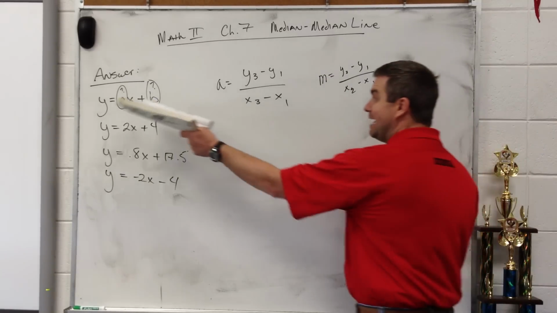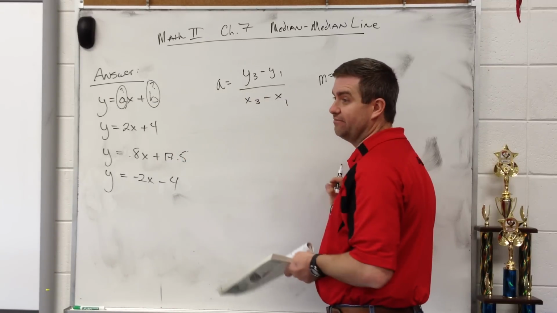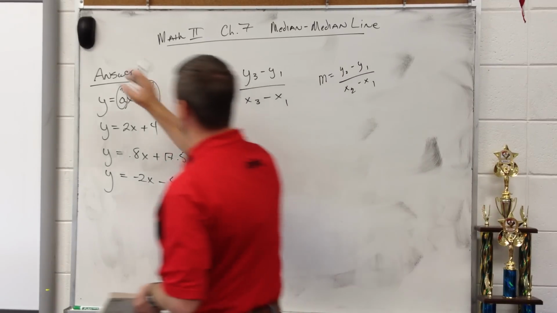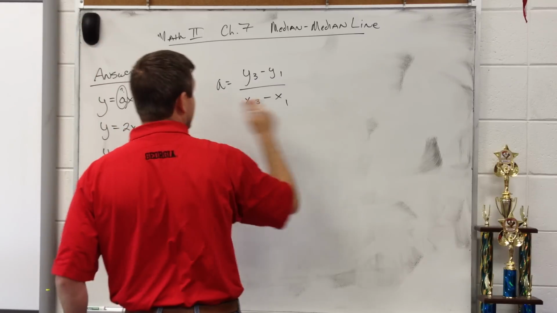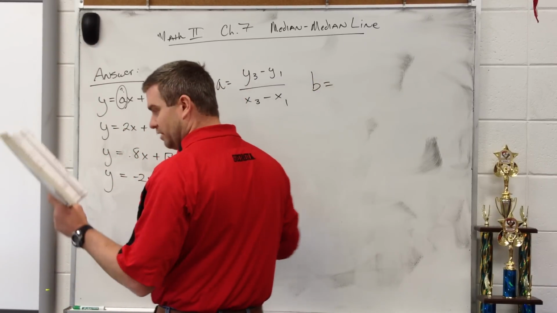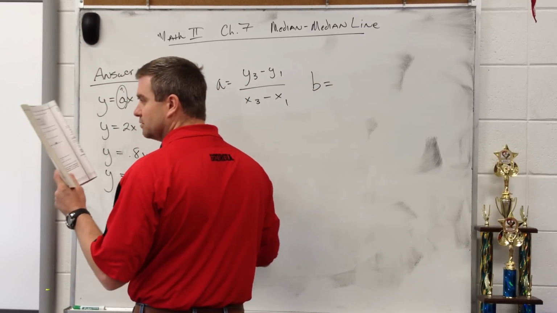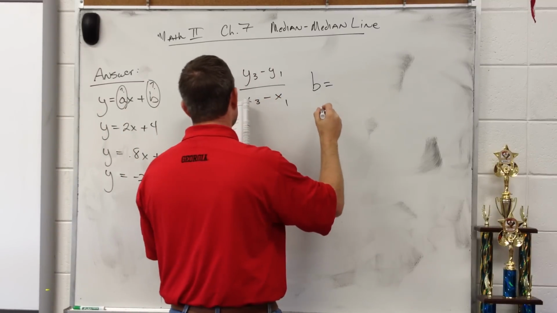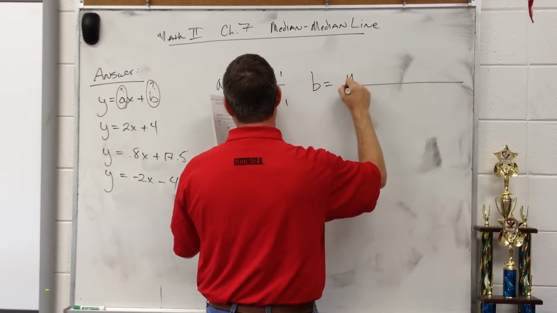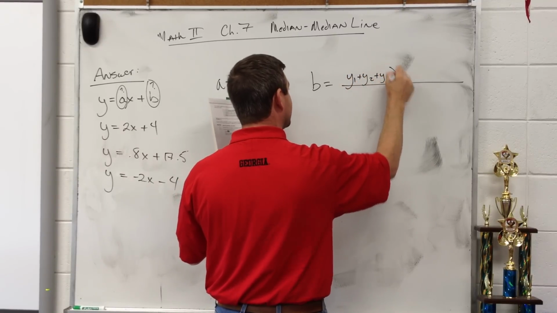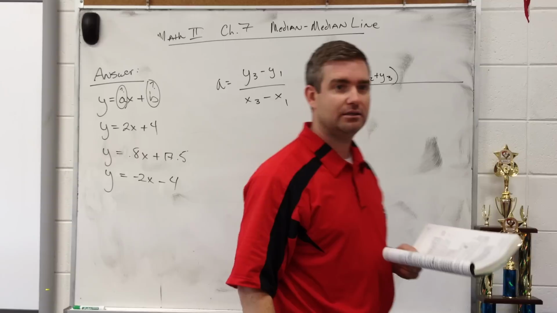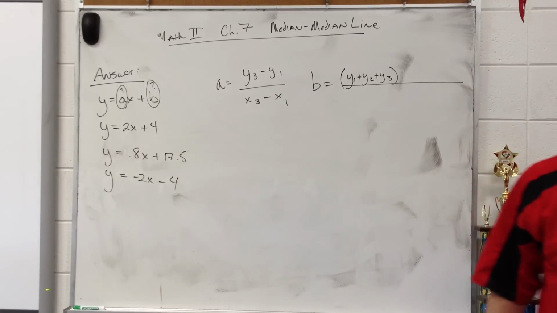Now, we got a formula for A, now what do we need the formula for? B. So here's the formula for B. It's longer than A. The formula for B is, this is the coach book, those are the teachers that are watching this video, y1 plus y2 plus y3. You add up all the y's. This will make more sense when we do the first example.